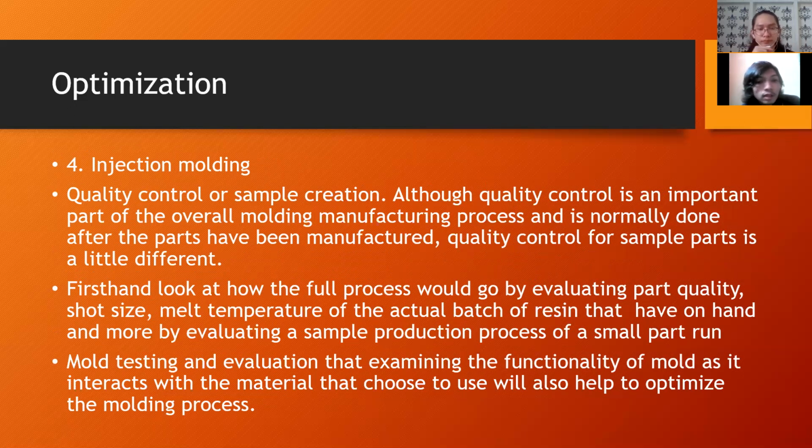It gives a first-hand look at how the full process will go by evaluating part quality, part size, and mold temperature of the actual batch of resin on hand, and more, by evaluating a sample production process of a small part run. Mold testing and evaluation, examining the functionality of the mold as it interacts with the material chosen, will also help to optimize the molding process.